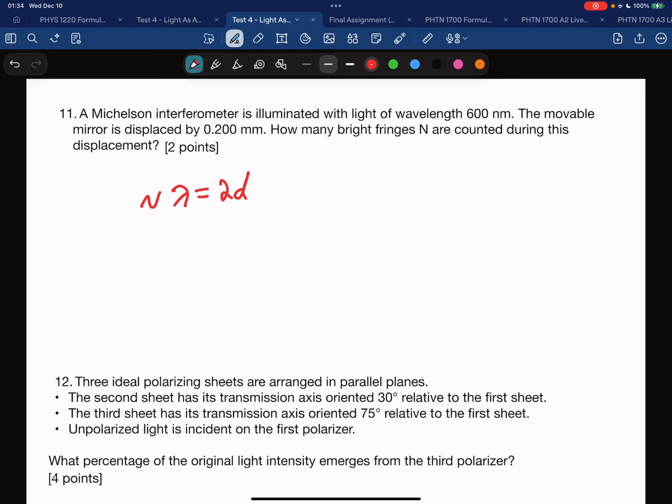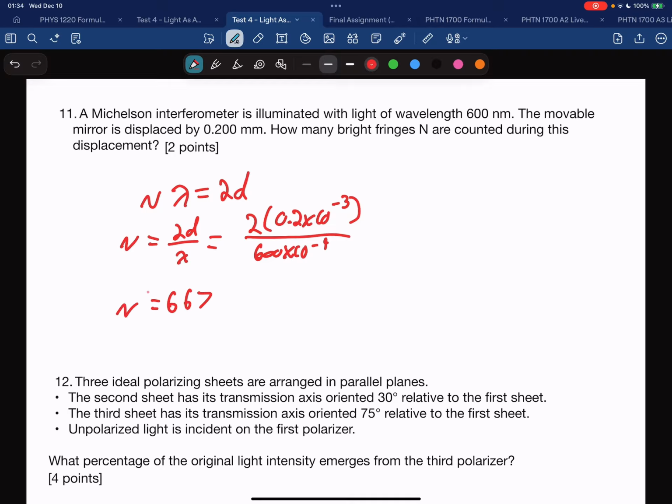Rearranging for N, we get 2D over lambda. Plugging in, that's 2 times 0.2 times 10 to the negative 3 over 600 times 10 to the negative 9, which equals 666.6 repeated.